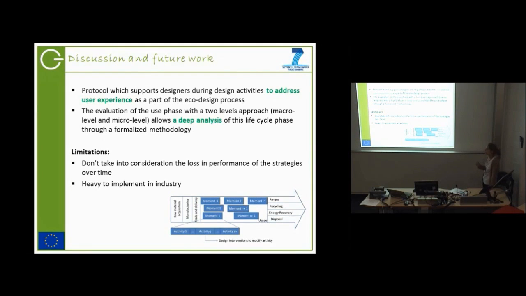So I think there will be a loss in performance over time, and there are some existing algorithms that measure this. So maybe we need to take this into account. It is also heavy to implement in industry, so we are currently working on developing a tool that can help to support and implement the methodology.